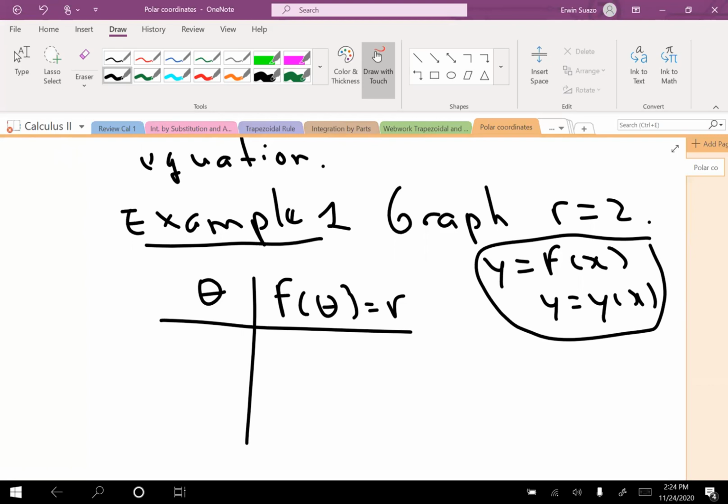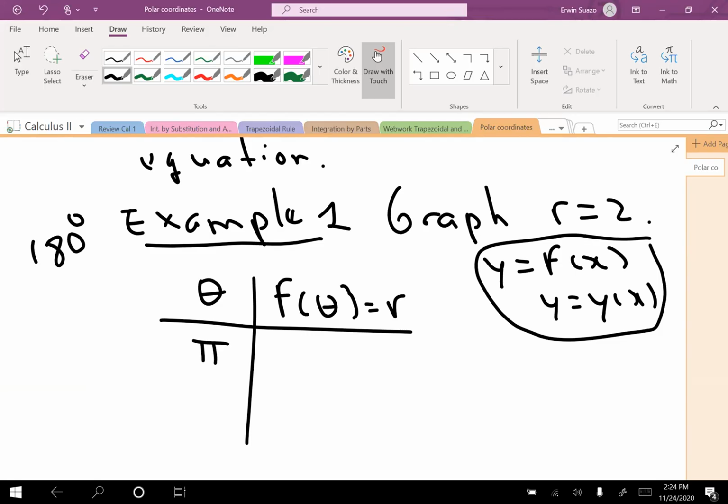So give me an angle. Theta. 180. Well, remember, the angle has to be in radians. So 180 degrees is an angle, but it's not in radians. So I need pi. Yeah, there you go.